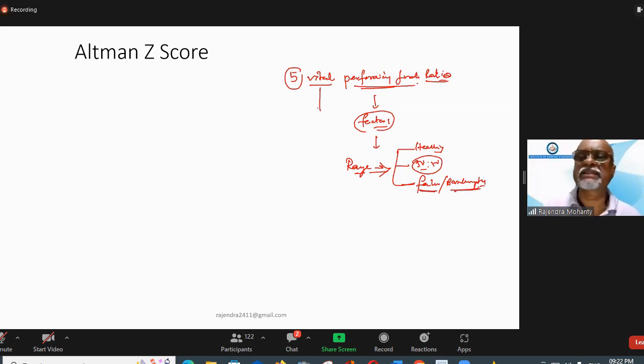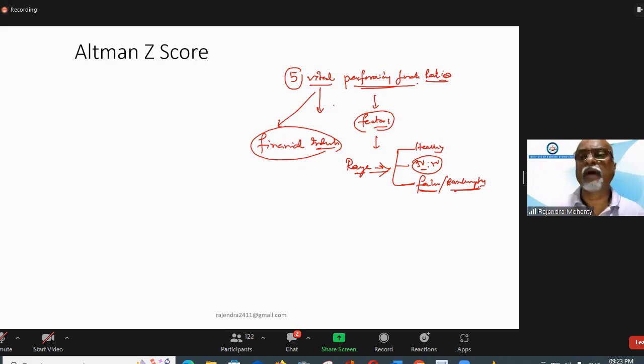So when this ratio was taken for different types of companies, the result was quite forthcoming and quite promising. So after a period of 20 or 30 years, this type of score was also considered for financial industries. So basically in banks and financial institutions, this can be used.